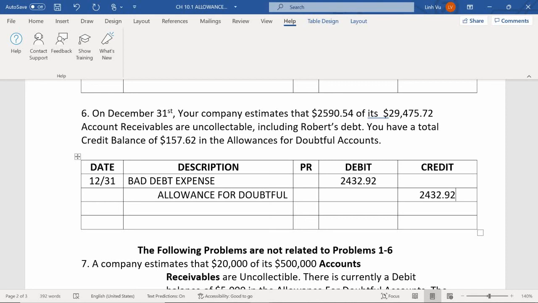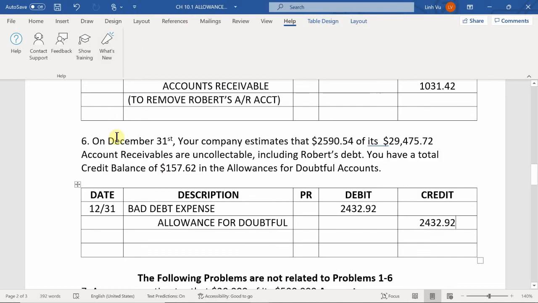So you take the rule: if it's a credit balance, you subtract the two numbers; if it's a debit balance, you add the two numbers. Here we subtracted to get 2432.92. What do you mean by adding the two? If this was a debit balance, you're on the left side. If you're on the left side, how do you get to the right side?